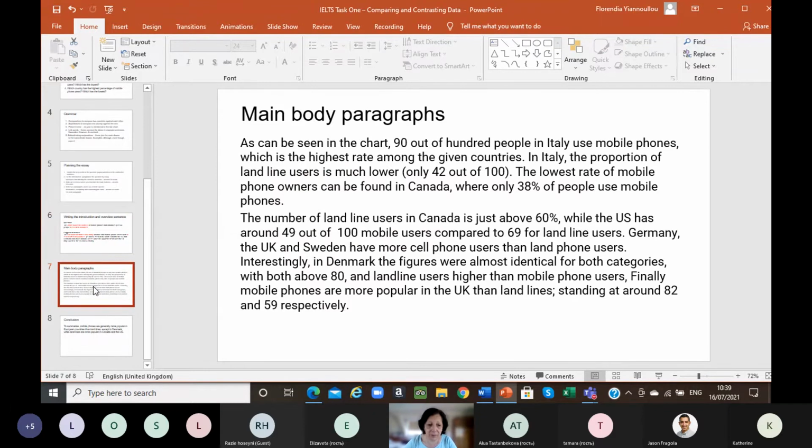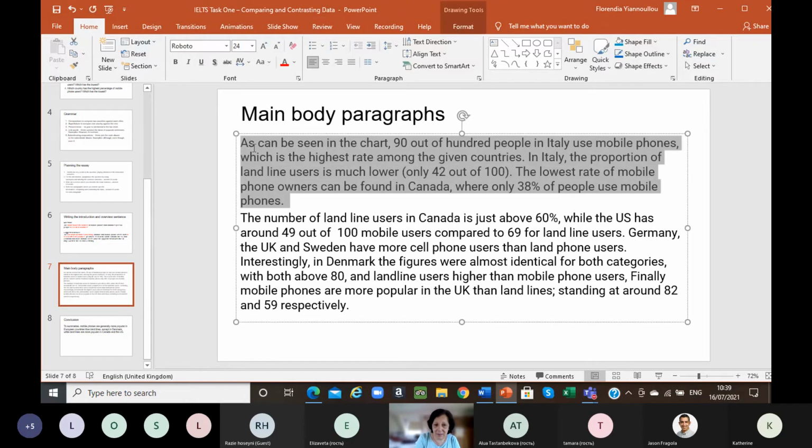Now, I've done these here for you, yeah? Now, if you look at the main body paragraphs, yeah? Let's get someone to read this. Can someone read it? I see Tamara, Catherine. Who's got their mic open? Yeah? Catherine? Yes, I can read it. Yeah. Okay, do you want to read that paragraph, the one I've highlighted?